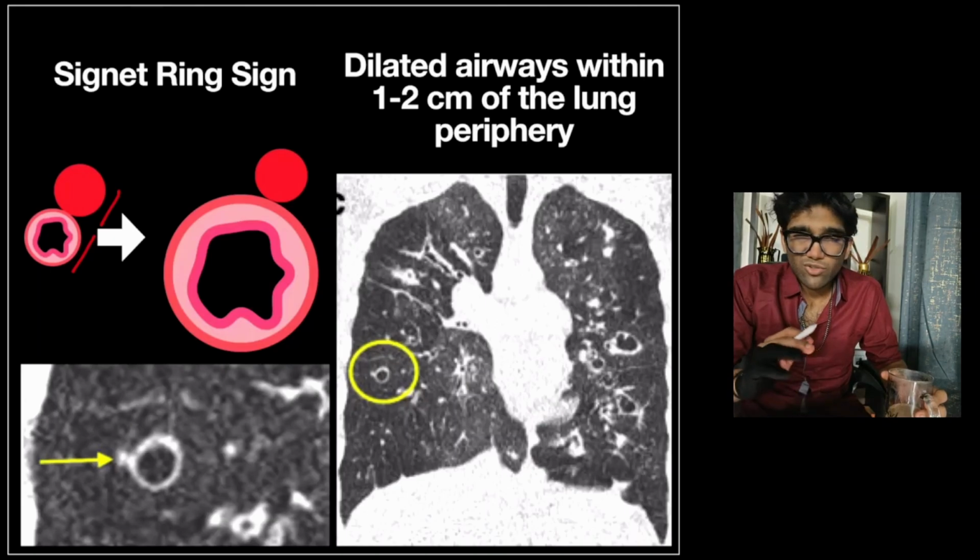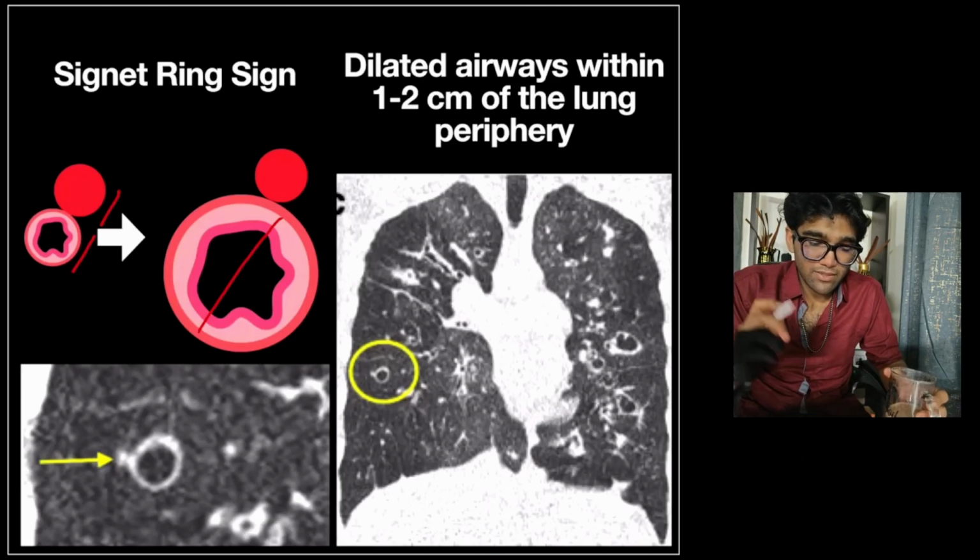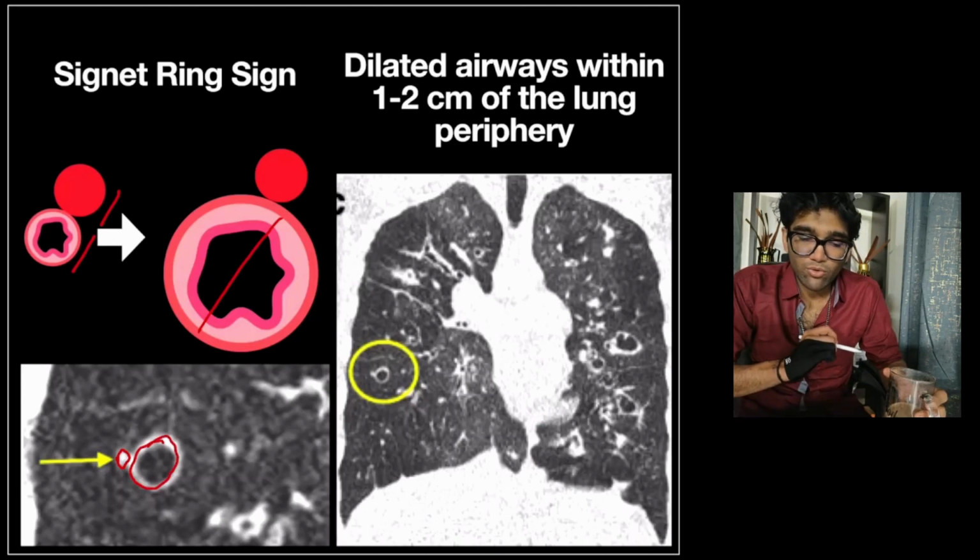Normally they are usually equal in size. Now the bronchiolar diameter exceeds that of the pulmonary artery diameter, and the combination of a pulmonary artery branch along with its accompanying dilated bronchiole produces a ring-like image on cross section, and that we call a signet ring sign. In longitudinal section, that would produce a tram track.